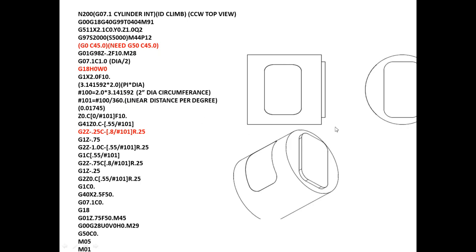So here we unwrap this circular length, and I put #101 divided by #100 divided by 360. Once we unwrap the circular length, that's 0 degrees to 360 degrees, which is why we divide by 360. If you calculate that, each 1 degree is 0.01745 length.